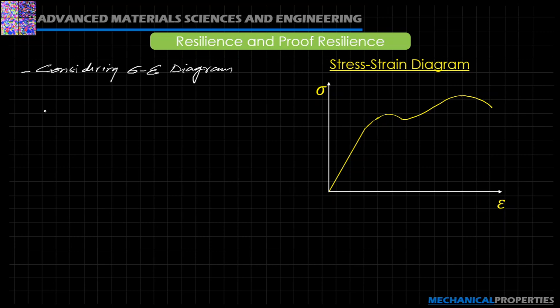So generally we can say the strain energy per unit volume is known as the energy density.